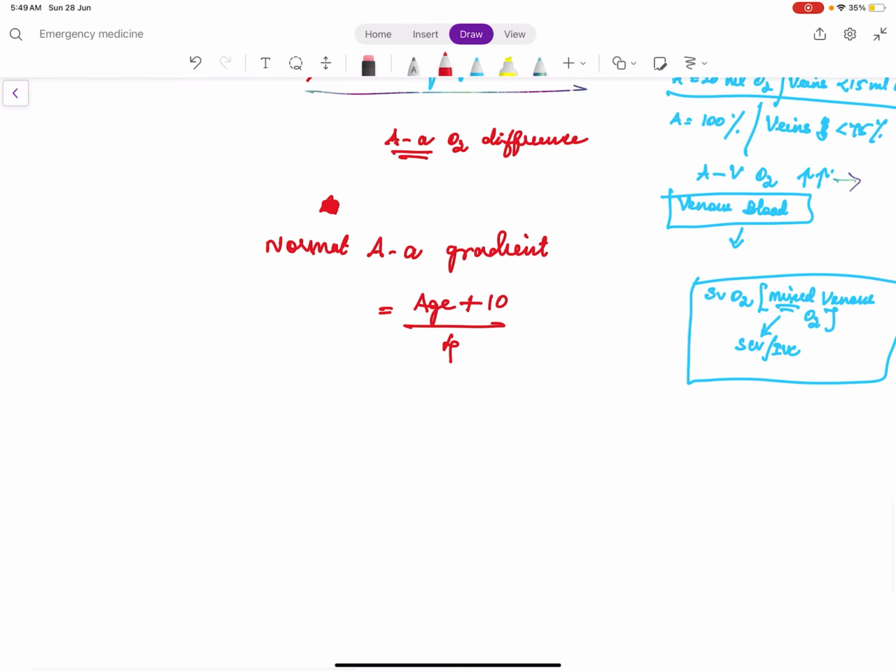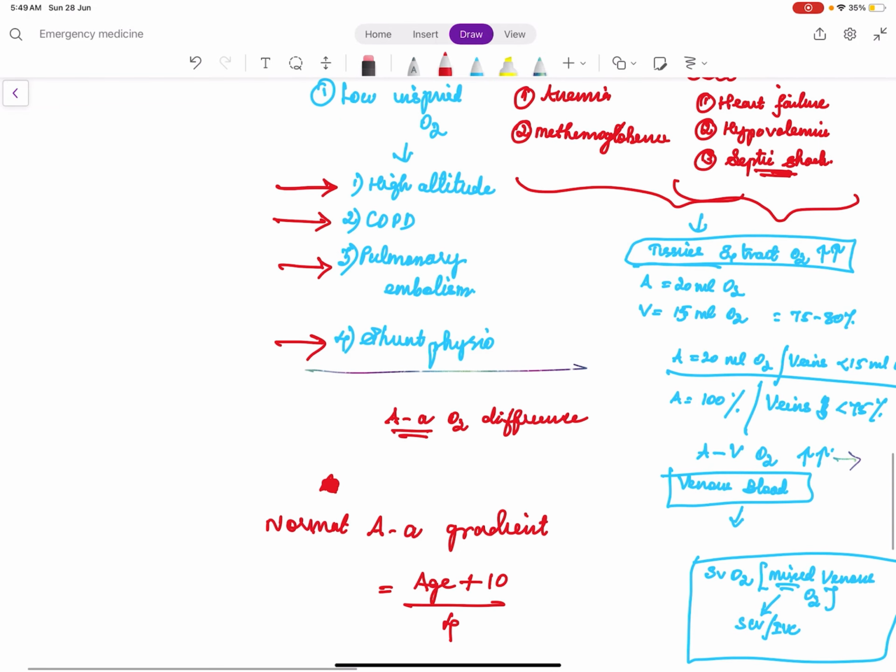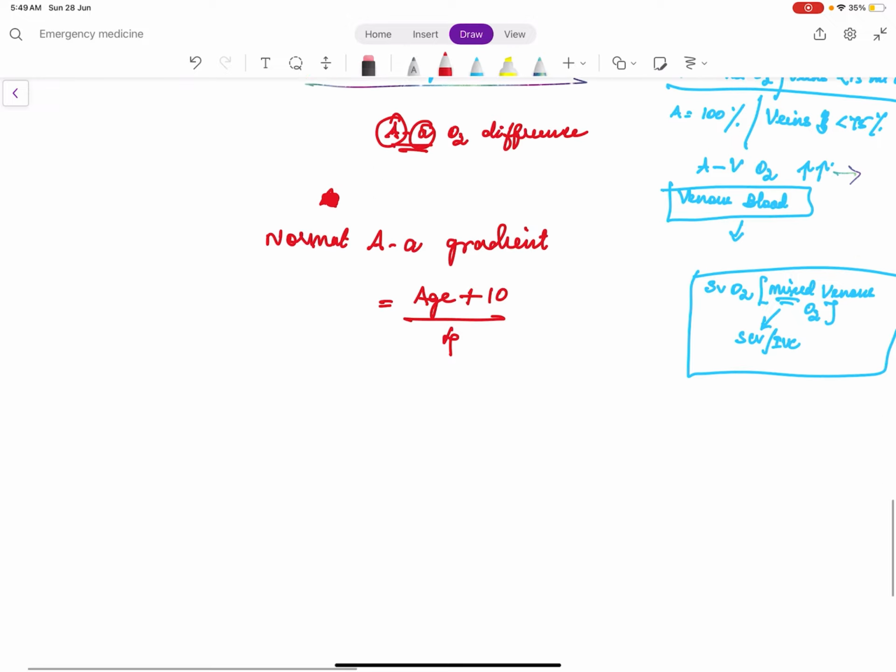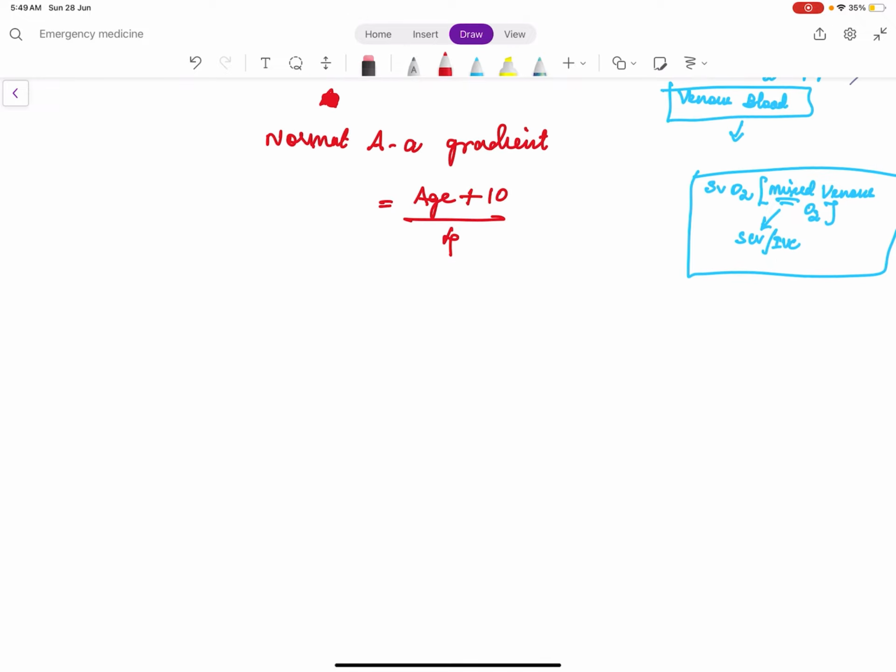Most ABGs calculate this A-a gradient also. Even if it is not given, we can calculate the alveolar oxygen using the formula given above, and subtract the arterial oxygen from it, to see if it is more than this value. But some people say we can take up to 20 as normal. So up to 20 millimeters of mercury is the normal A-a gradient.